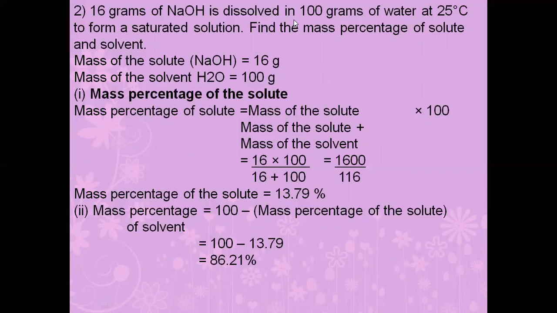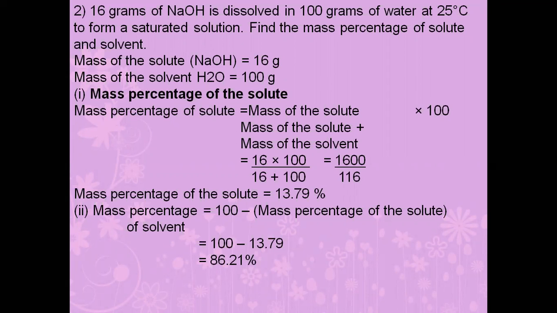So in the previous problems, we only found the mass percentage of the solute. But in this question, we find the mass percentage of both solute and solvent. So first we have to find the mass percentage of the solute.